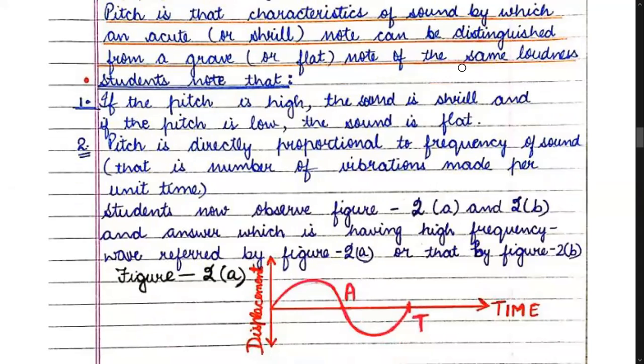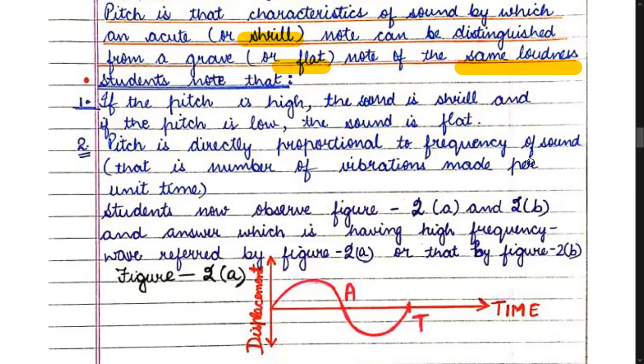Now, students, we are keeping the loudness constant, but still we will be having two different sounds, that is shrill or flat. Students, you must have done the sargam, also known as notes in music, that is sa, re, ga, ma, pa, dha, ni, sa.